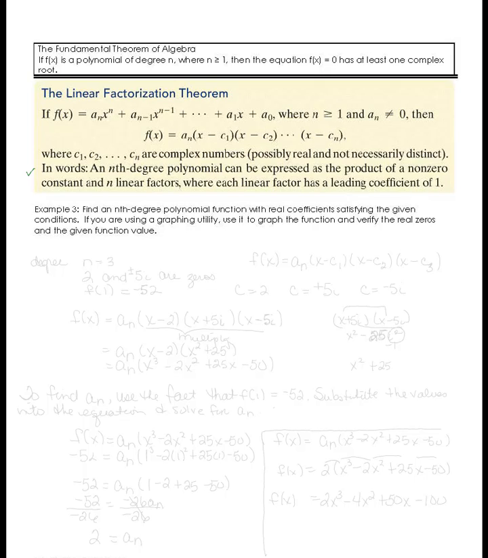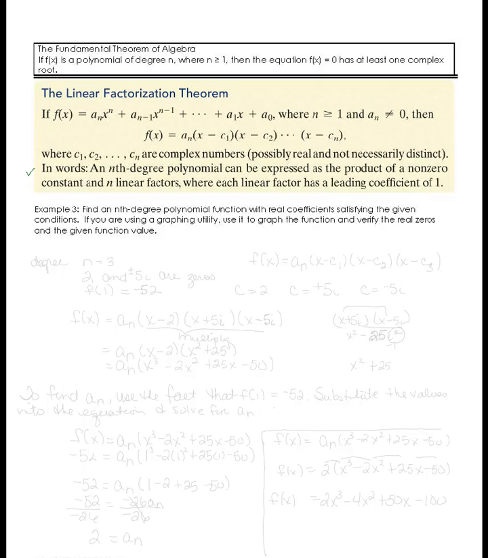I'm going to read this part: where c sub 1, c sub 2, all the way to c sub n are complex numbers, possibly real and not necessarily distinct. In words, an nth degree polynomial can be expressed as a product of a non-zero constant and n linear factors where each linear factor has a leading coefficient of 1.